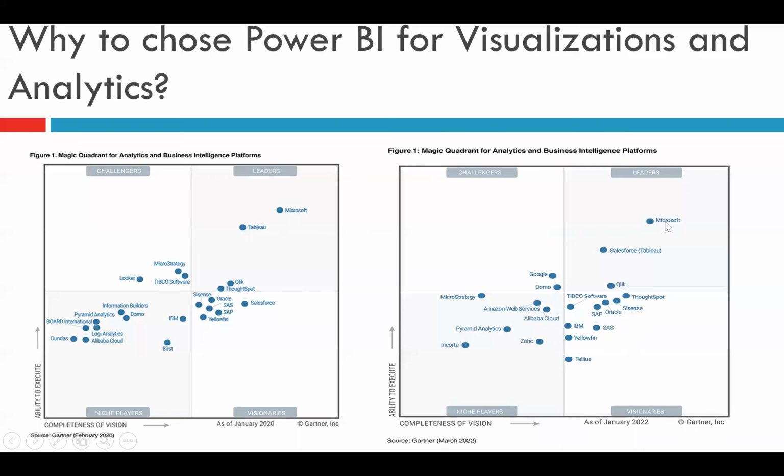And why is this so? As I was mentioning, it's easy to use, and you can get all the capabilities you get in the other tools very easily in Microsoft Power BI. Only thing is, here you need to focus on the data side, the insights, challenges, or risks you want to analyze. You just have to focus on your data here.